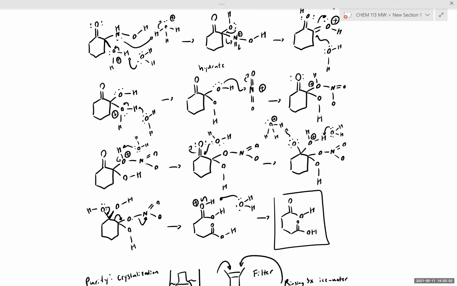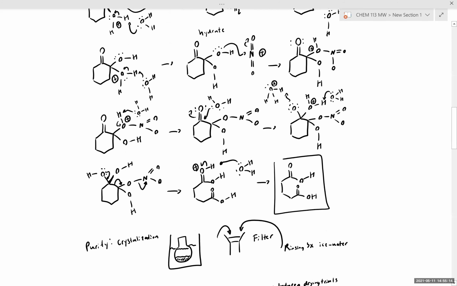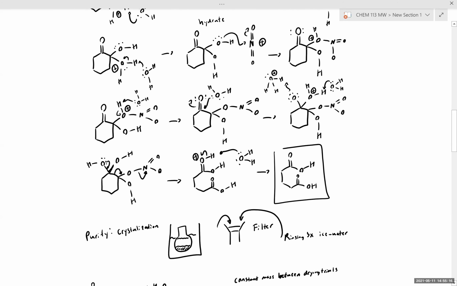I would comment as well, unless you're sure that the alcohol will properly degrade, you generally don't want to react alcohols with nitric acid under acidic conditions, because the nitrated alcohols are typically quite reactive and can usually be shock and heat sensitive. So this is a particularly well optimized reaction.